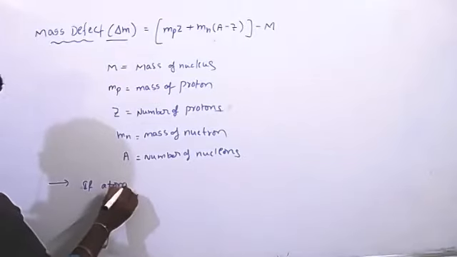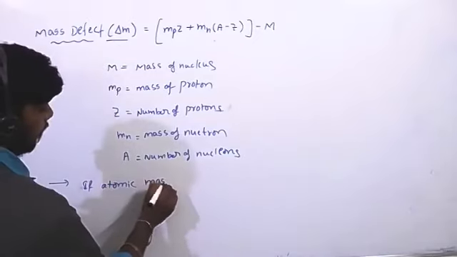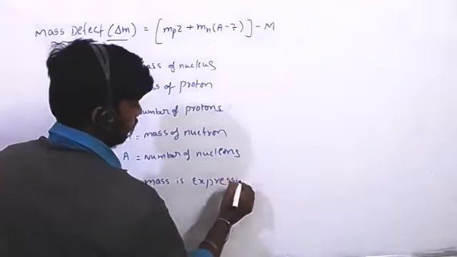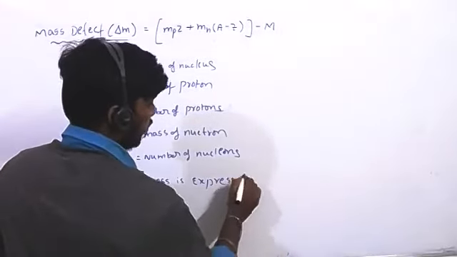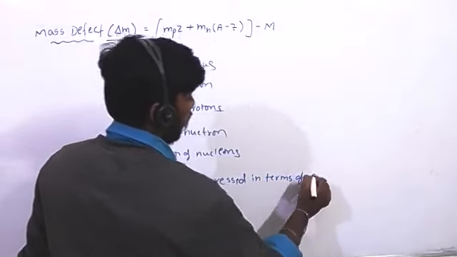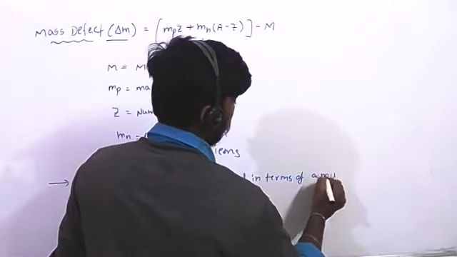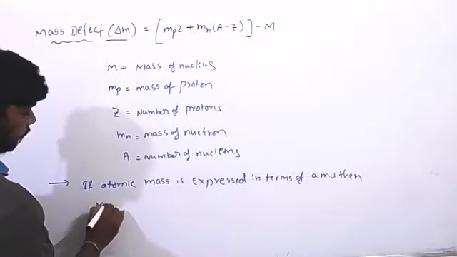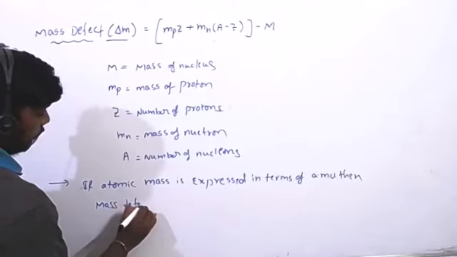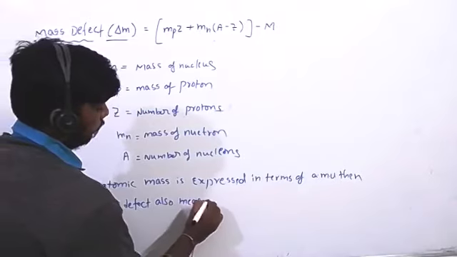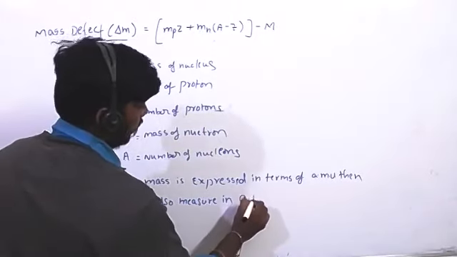If atomic mass is expressed in terms of AMU, then mass defect is also measured in AMU. I will tell you what AMU is.